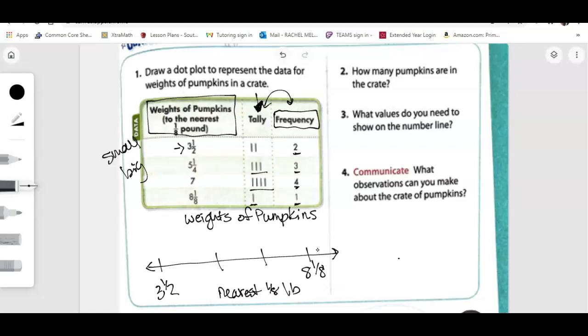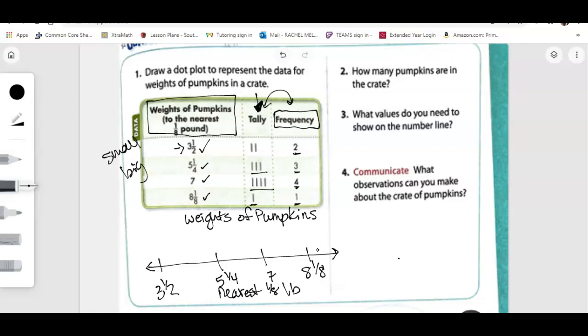I don't have to put everything else, like 3.5, then 3 and 3/4, and then 4. I don't need to do all that. So I have my 3.5 labeled and my 8 1/8 labeled. Now I want to label this as 5 1/4 and then label this as my 7.